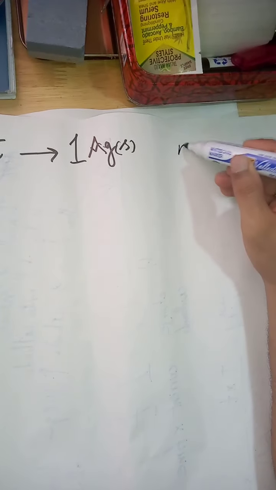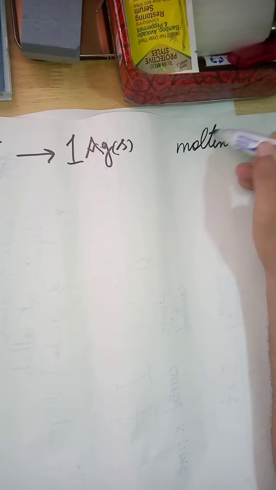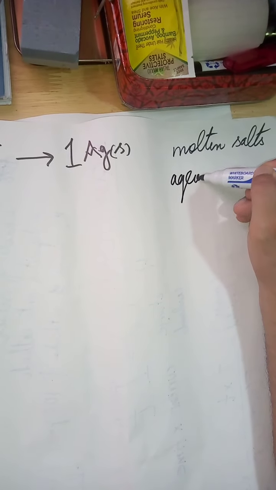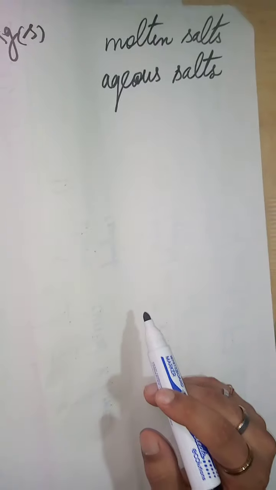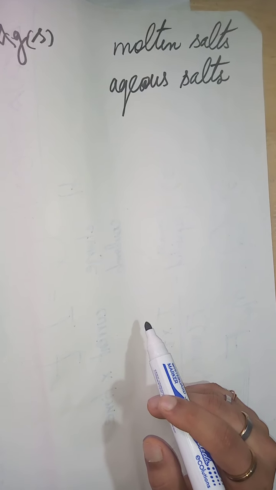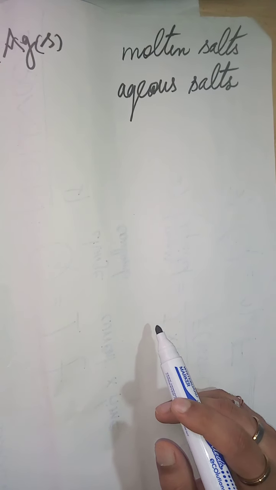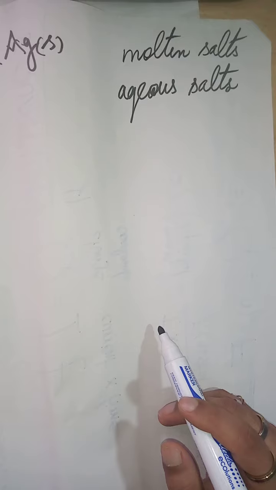So electrolysis, in the industry, is done on molten salts, aqueous salts, and I think it's also done on acids and alkalis as well.